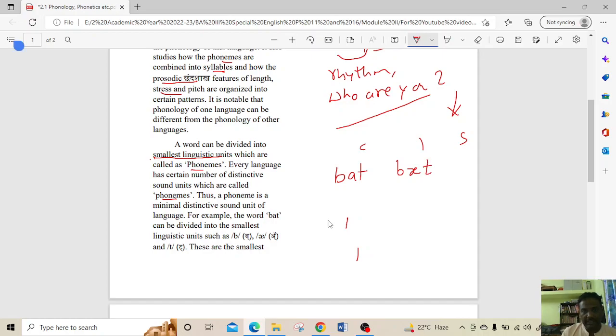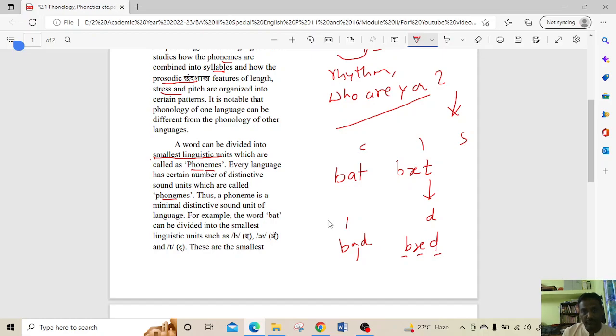Now if I just change this t sound into a d sound, it becomes bad. Do you understand? So a single sound makes a difference in spelling and also in meaning. So this single unit of sound is called a phoneme.